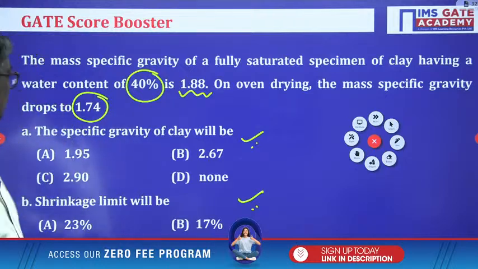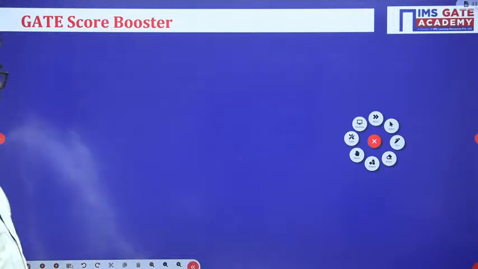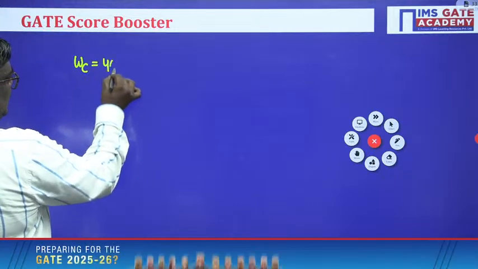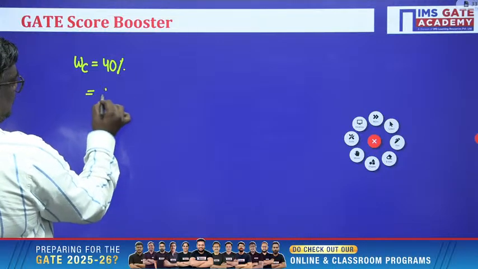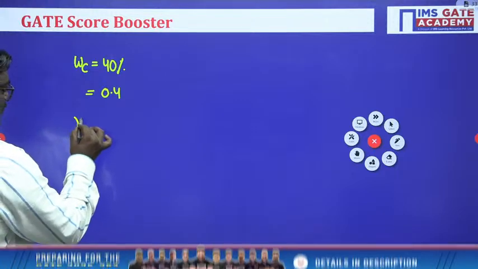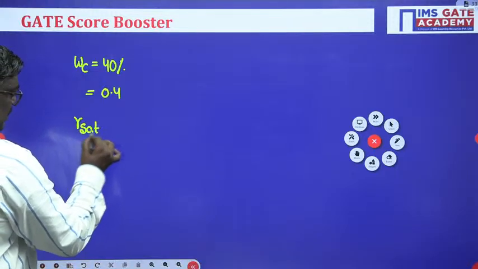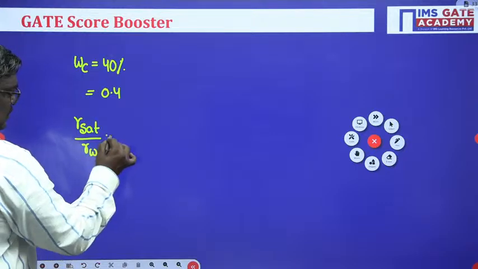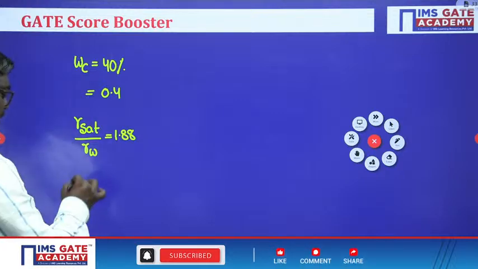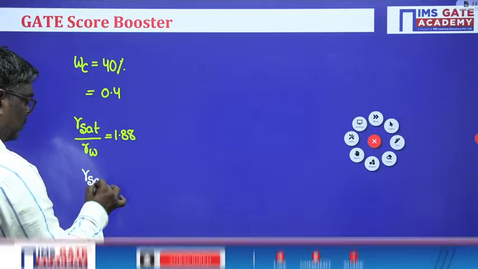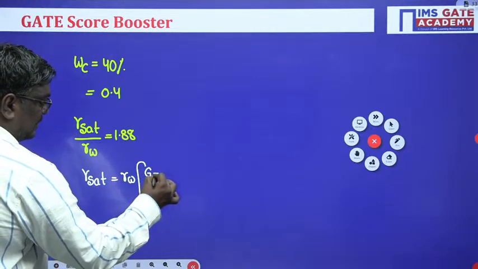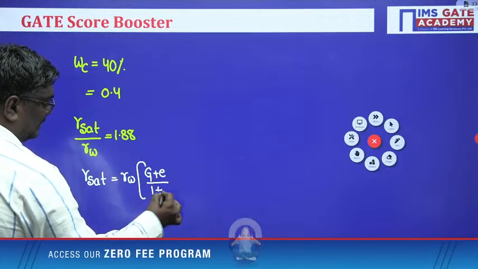Let me see. Water content is given as 40 percent, so the value should be 0.4. Now initially the soil is saturated. So gamma sat by gamma W is given as 1.88. You already know gamma sat is equal to gamma W into (G plus e) upon (1 plus e).